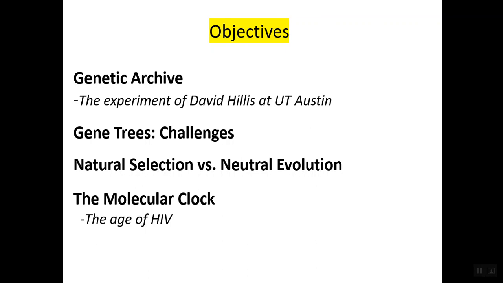So we already know this concept of viruses mutating quite fast. All right, so let's start with the beginning, with the genetic archive concept, and we move on to these concepts. The experiment of David Hillis, you have to be able to understand, describe, and recognize. It's definitely going to be 1 point asked probably in a test, okay?